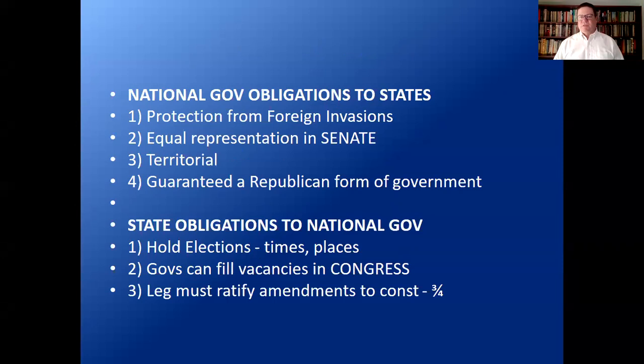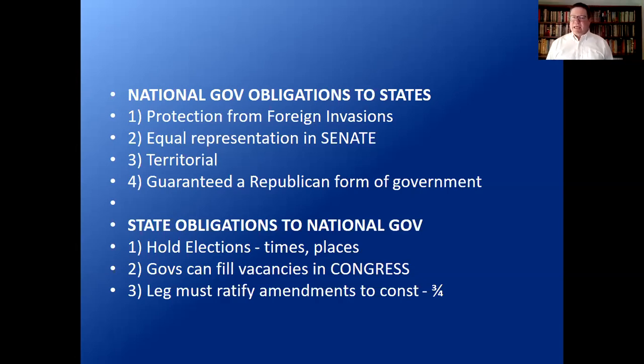Second of all, there was some discussion about whether the original 13 states would have more power than new states, but they settled finally on the idea that we should have equal representation for every state in the United States Senate. Therefore, regardless of whether you're a new state or old state, every state gets 2 members of the US Senate.